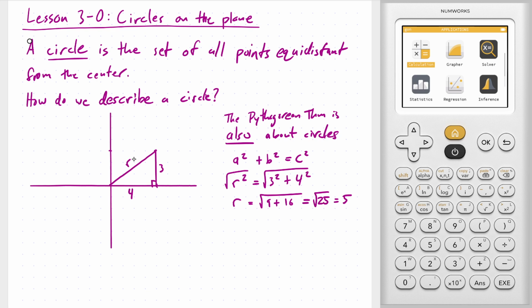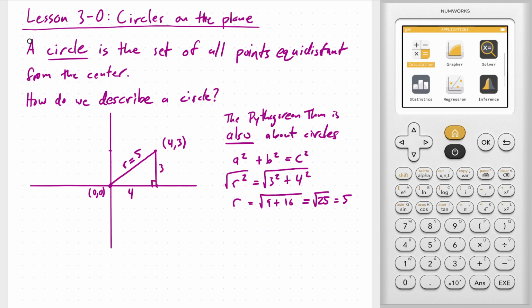So I can put that in here. The length of r is equal to 5. That means that the distance from the origin, this point here, (0, 0), and this point right here, which is (4, 3), is 5.